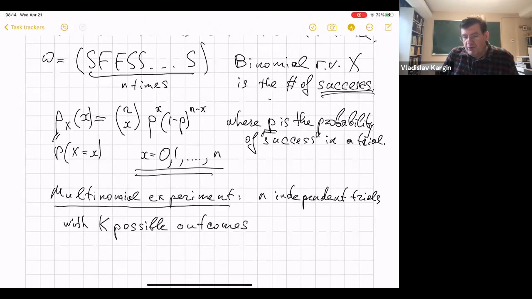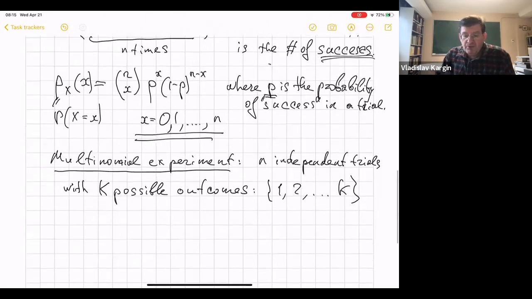We can number them somehow so that we can talk about them, so let us code them as 1, 2, and so on up to k. So in the previous example, success would be 1 and failure would be 2.